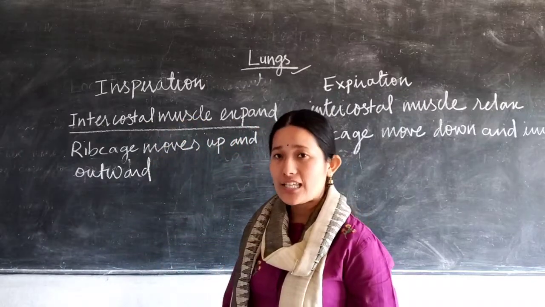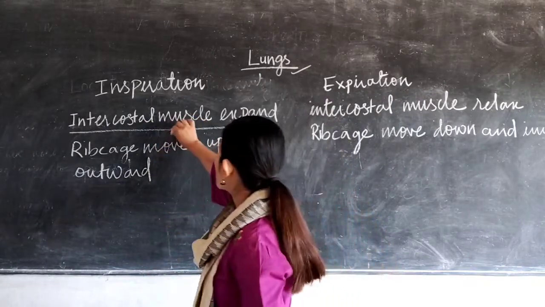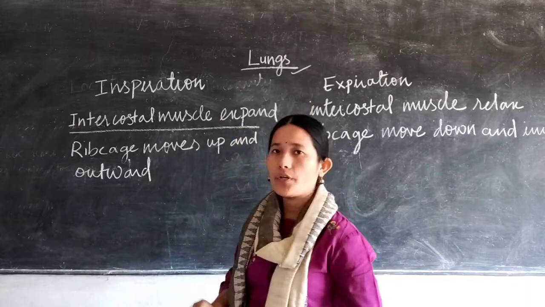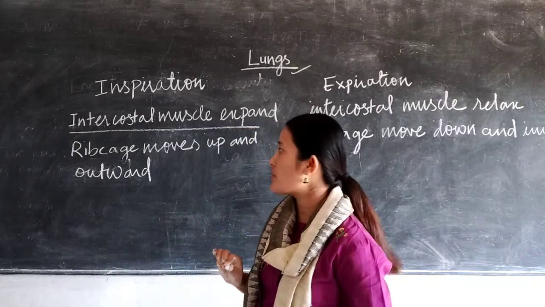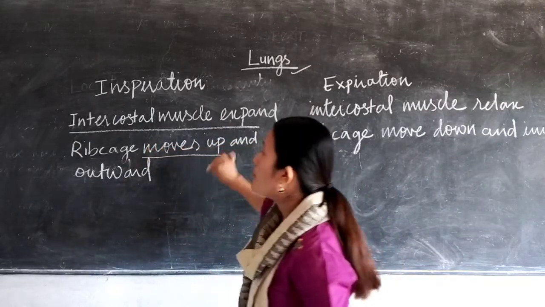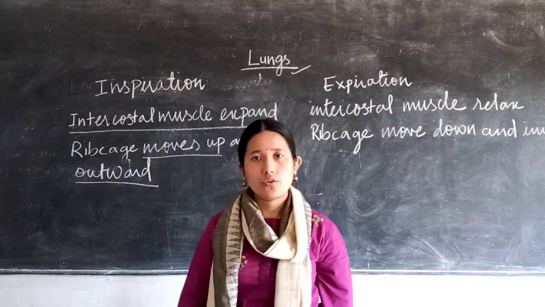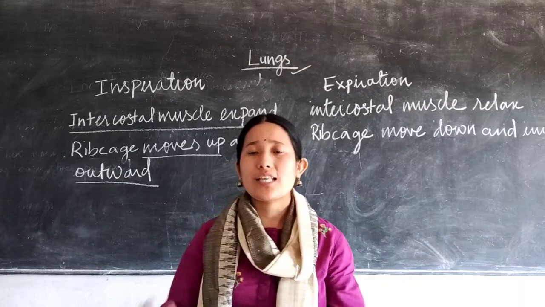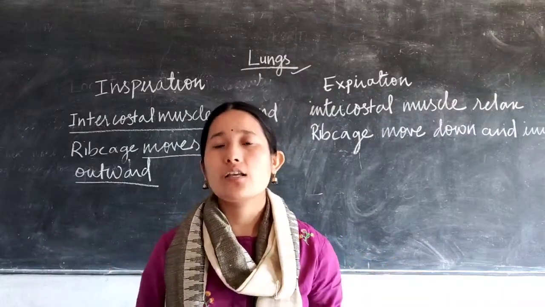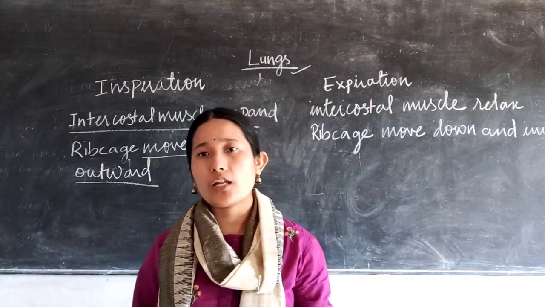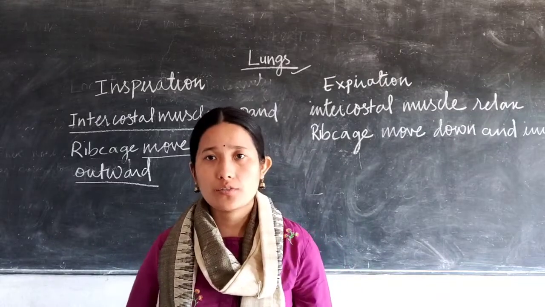So when you take in the air, your intercostal muscles expand. Because of the expansion of the intercostal muscles, your rib cage moves upward and outward. Because of which the chest cavity increases, forcing the air into the lungs.